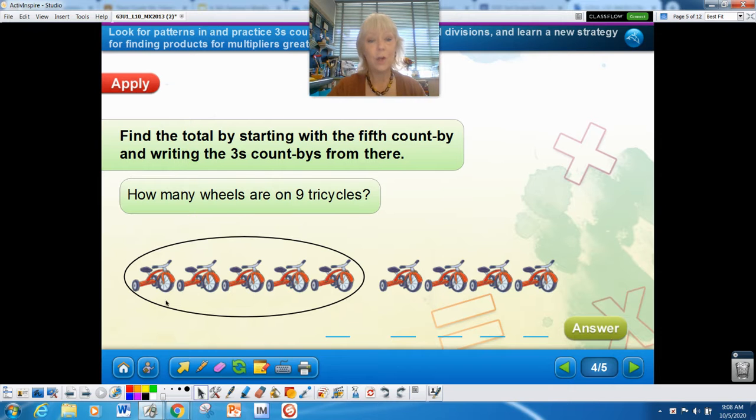They have grouped a 5 together because we know that 3 times 5 is going to be 15, the same as 5 times 3. So you can look here, you have 3 wheels on a tricycle, and you have 5 of them. So you have 3, 6, 9, 12, 15. So you know all together here is a group of 5. 5 times 3 wheels is going to be 15, which means what you want to do here is, if this is 15, this will be 15. We're going to start with 15.